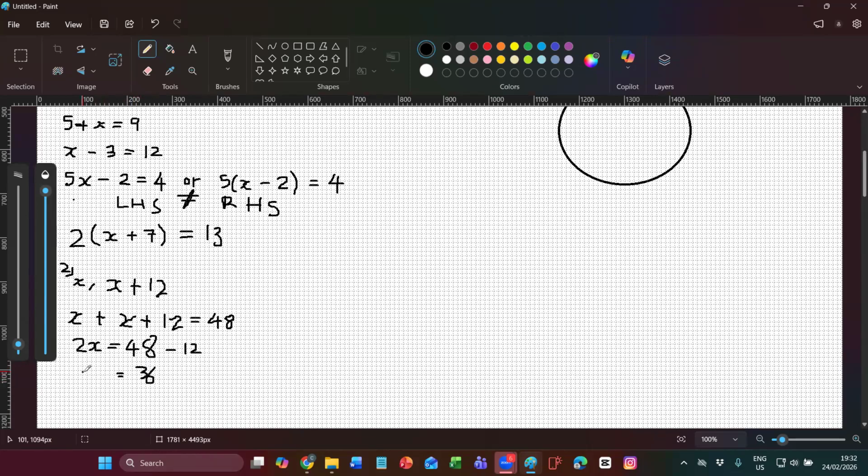Excellent. So we're looking for x. What do we do to both sides? Divide by 2. Exactly. We divide by 2. So we have 36 divided by 2, which will give us 18.